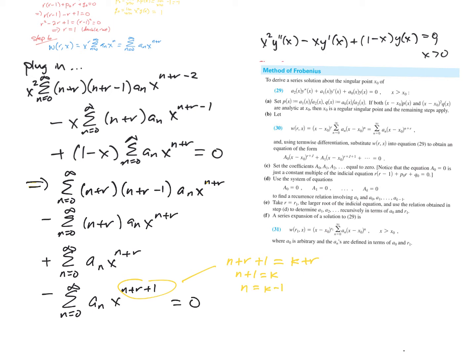So then, let's do green. This sum can then be written like the sum from k equals 1, because when n is 0, k is 1, to infinity, a k minus 1 times x to the k plus r.